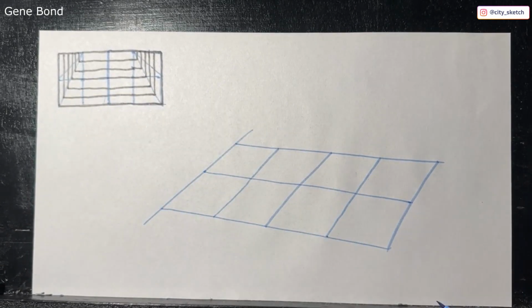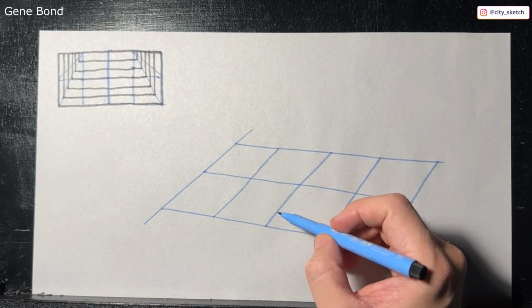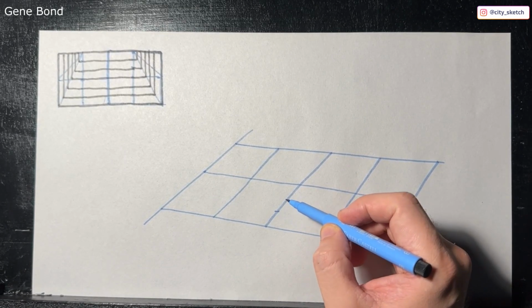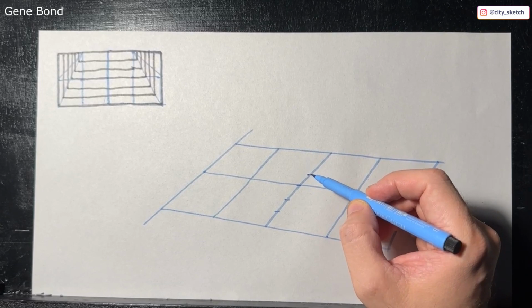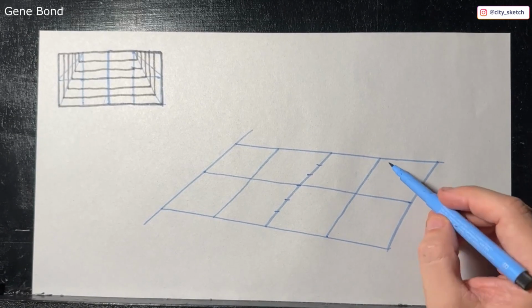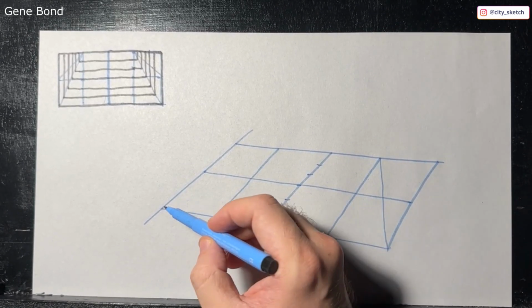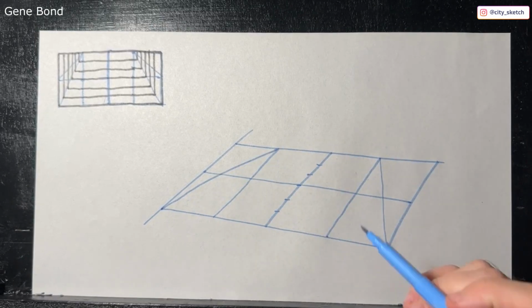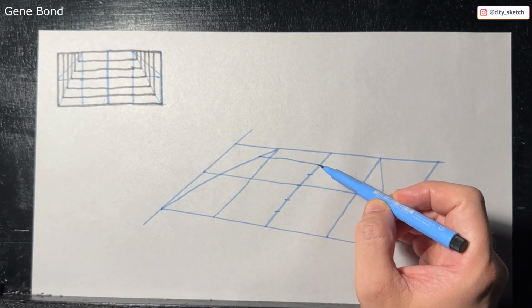So I have now these 8 squares, then divide each square, and I have 6 steps.